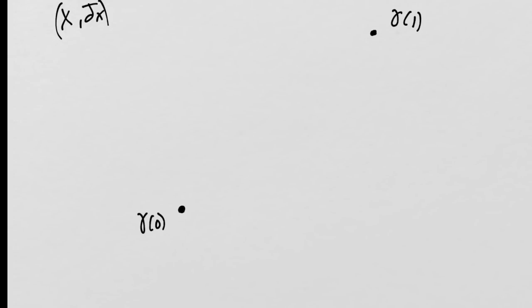So we're there now. I've chosen a point that I'm going to call gamma 0 and a point that I'm going to call gamma 1. And I'm going to call this the path gamma. This is a very standard picture. You'll see it in a million different books. That's the path gamma. And the parameter for gamma will be, I think s and t are pretty common, so I'll go with t.